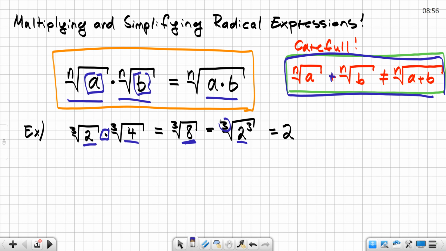And that means now that the cubic root out of something cubed is equal to 2. So the moral of the story here is this, that the cubic root out of 2 is not a nice number. The cubic root out of 4 is not a nice number, but if I multiply both of these, I will get something that is fairly nice, the number 2.